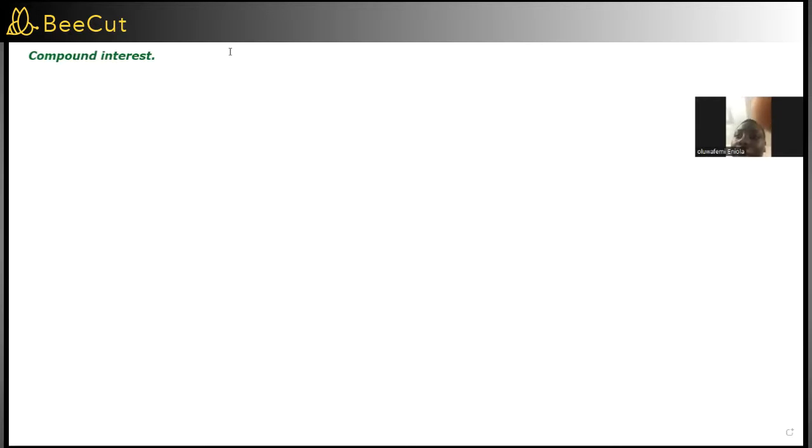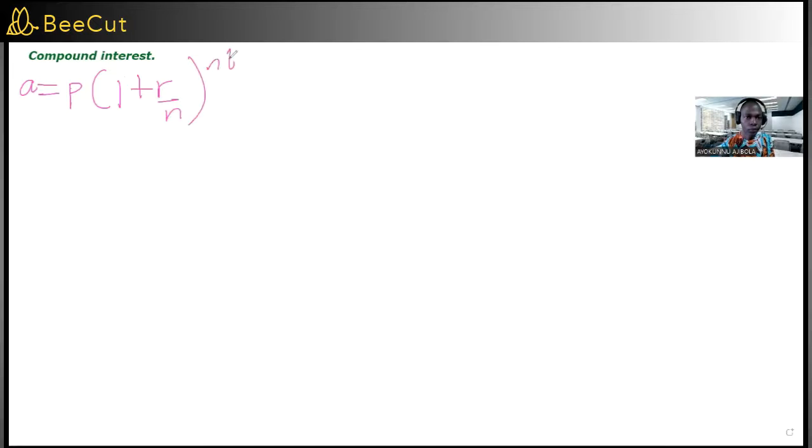So the formula for compound interest. Now I'm still hearing some background noise. So A equals principal into 1 plus R over N, all raised to power NT.